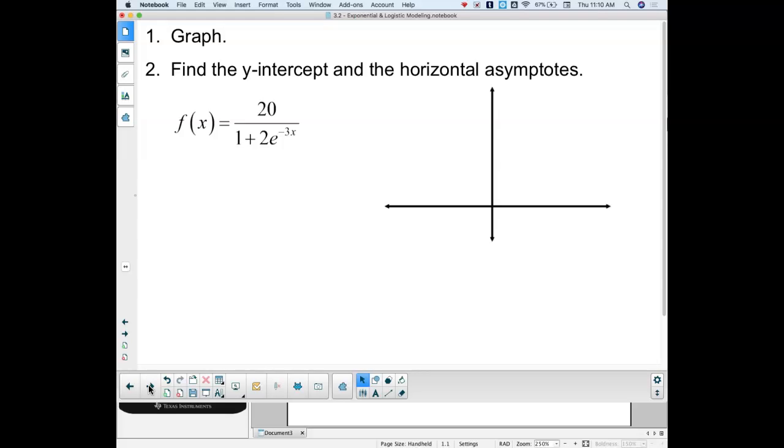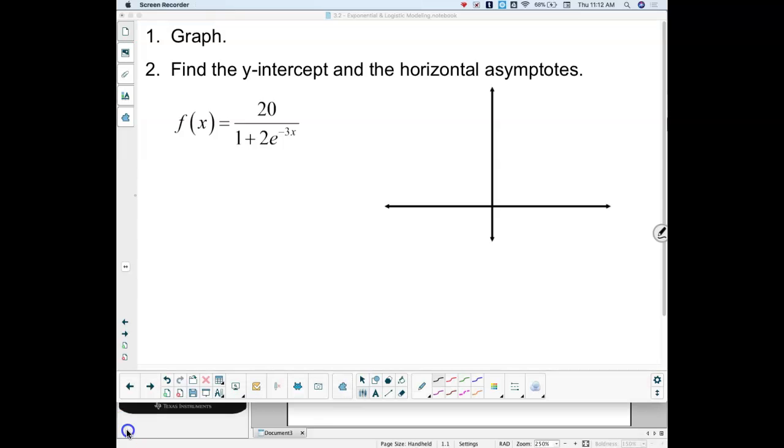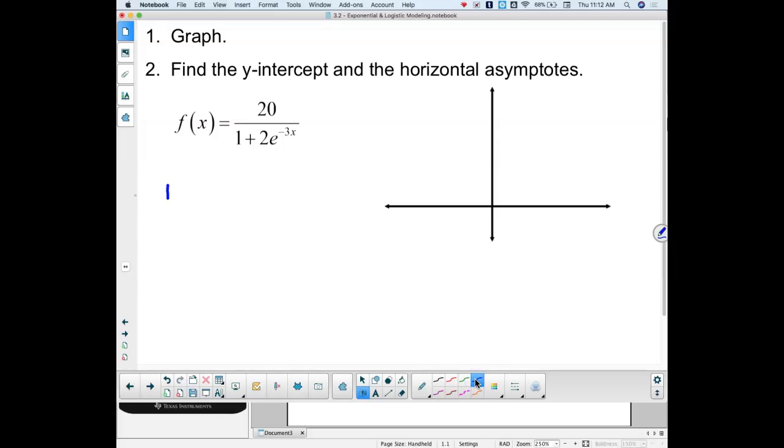Numerator. Horizontal asymptotes are where? y equals 0 and y equals 20.